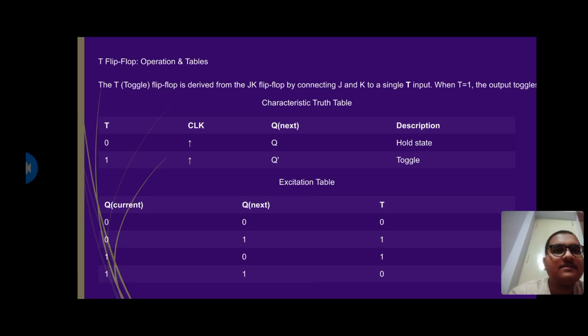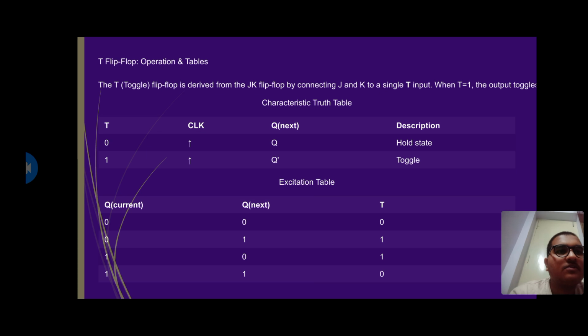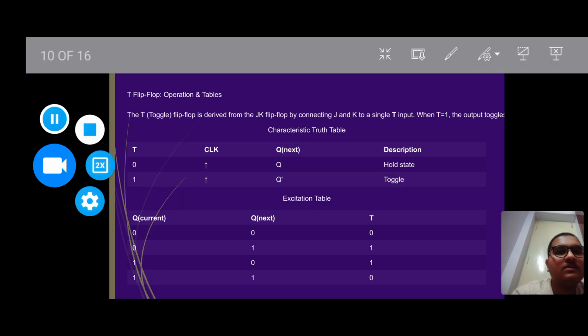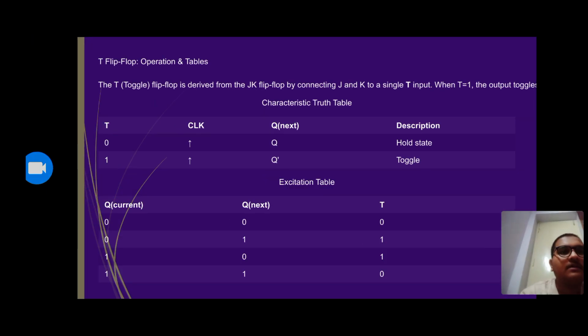When T is equal to 0 and the clock is rising, Q next is equal to Q, and the description is hold state. When T is equal to 1 and the clock is rising, Q next is equal to Q bar, which is toggle state.